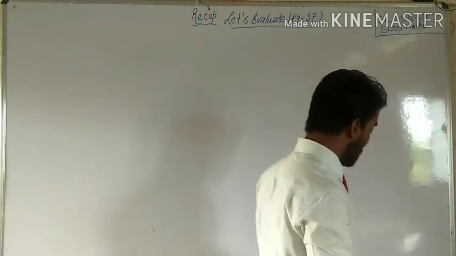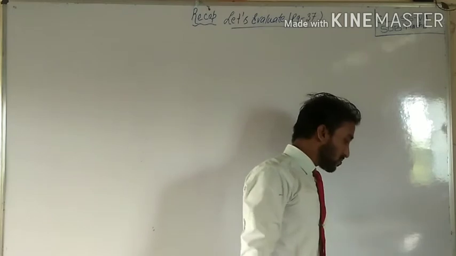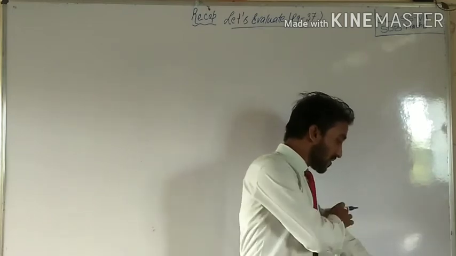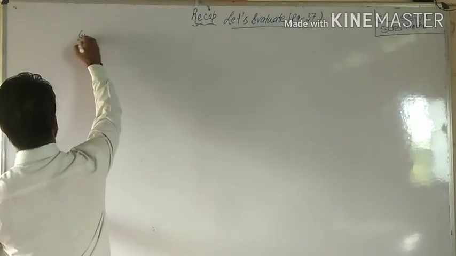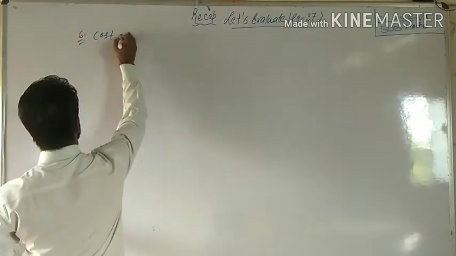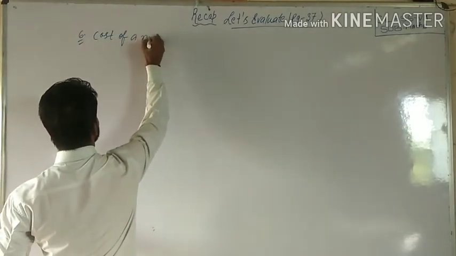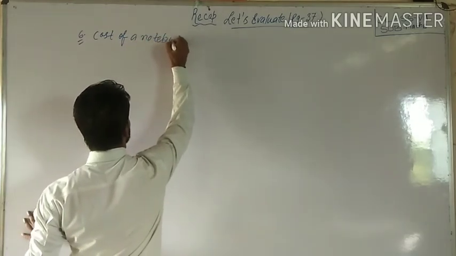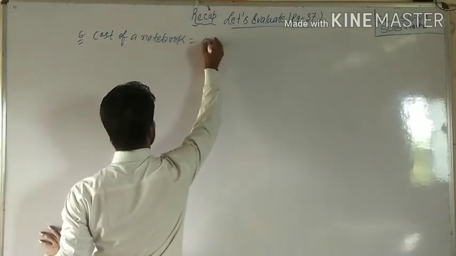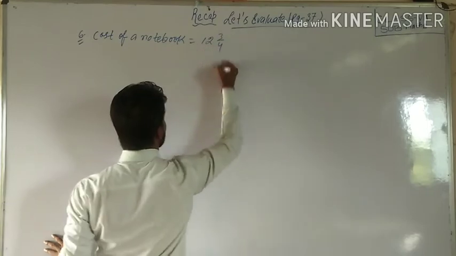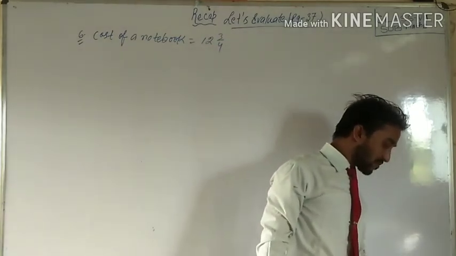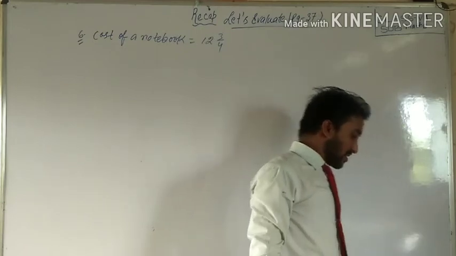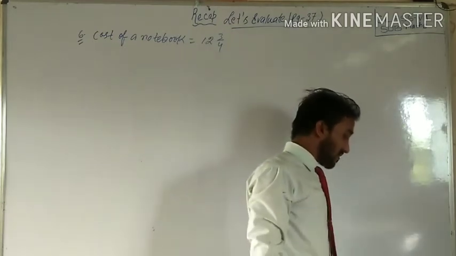Okay. See, the question says, students, if the cost of a notebook is rupees 12 fraction 3 by 4, question number 6. Say how many notebooks can be purchased for rupees 191 fraction 1 by 4.